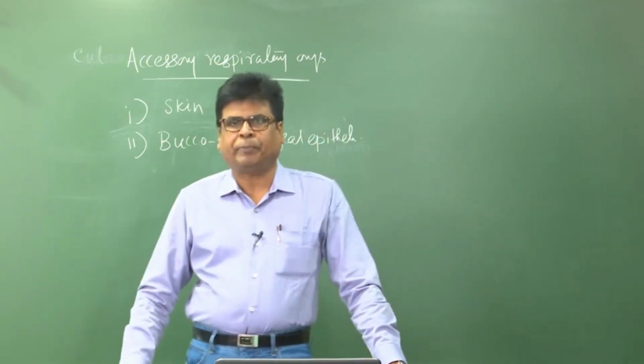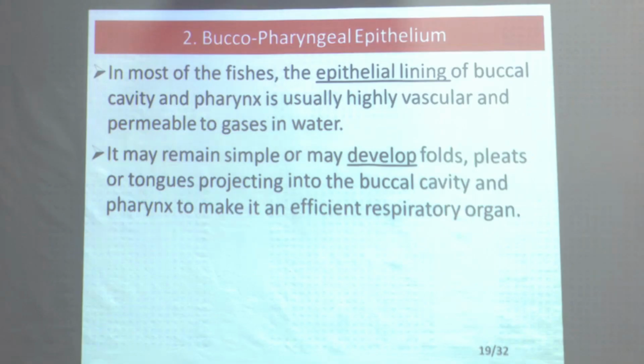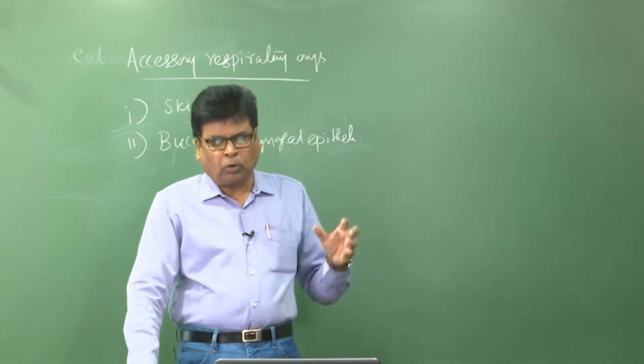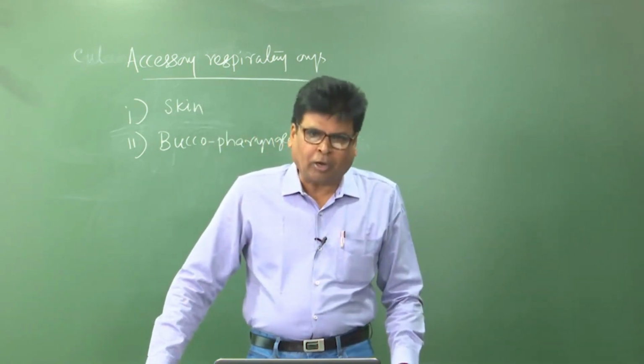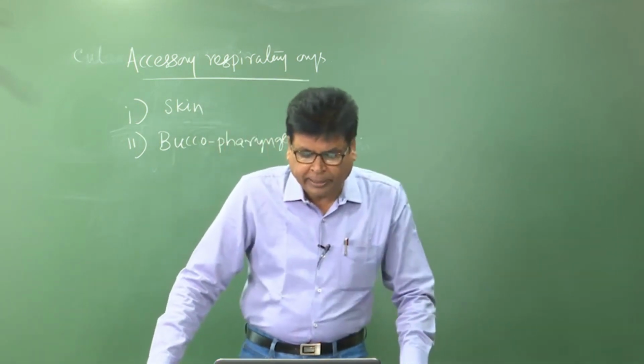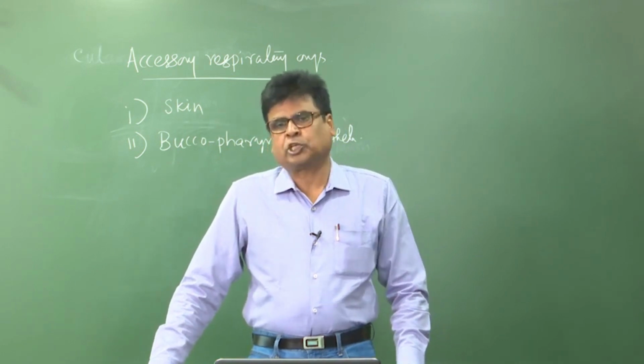In case of some fishes, the buccopharyngeal cavity, which is lined by epithelial membrane, is usually highly vascular. Even the pharynx is also highly vascular, and this is permeable to gases in water. It may remain simple or may develop folds, pleats or tongues projecting into the buccal cavity and pharynx to make it an efficient respiratory organ.